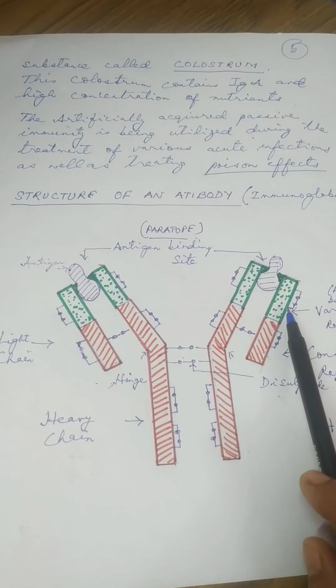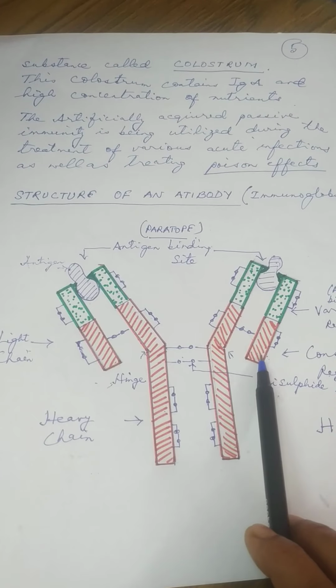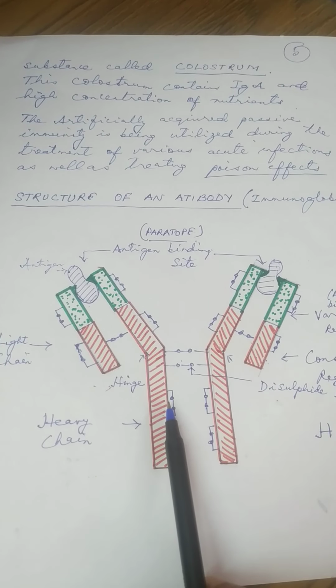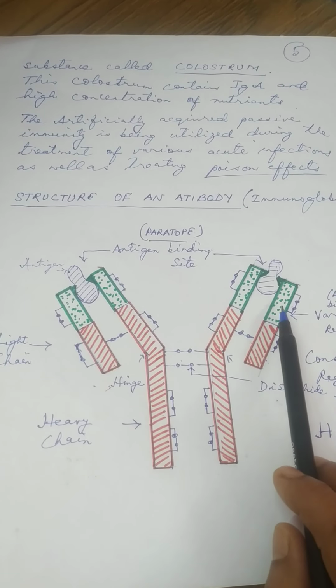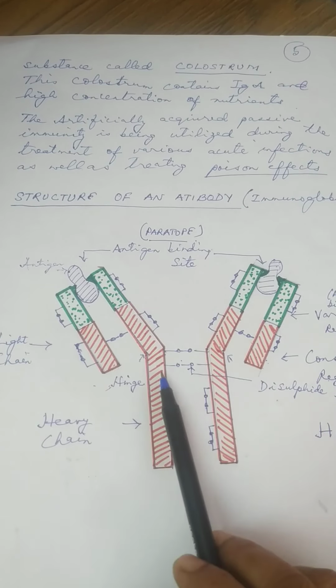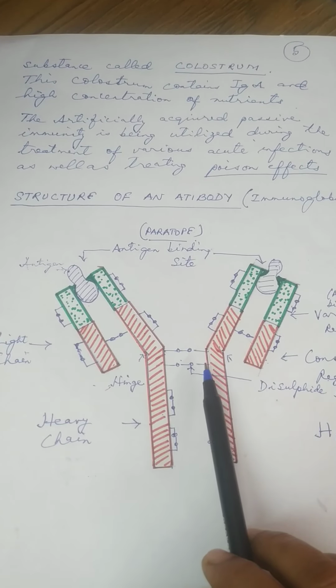This upper part is called the variable region, whereas the lower part is called the constant region. The one that I have given the green shading is the variable region, and the one that I have given the red shading constitutes the constant region.